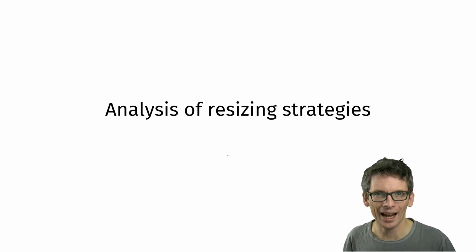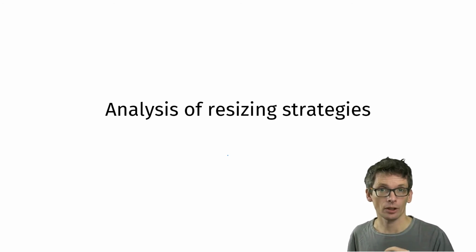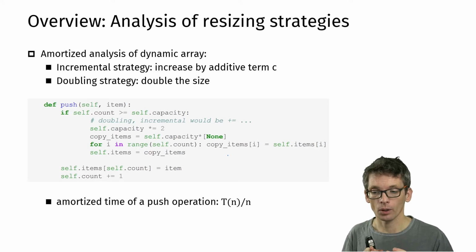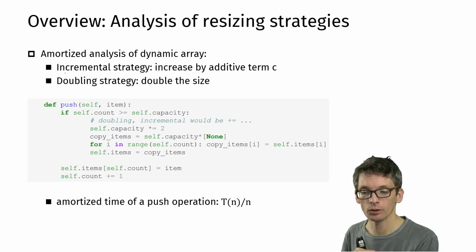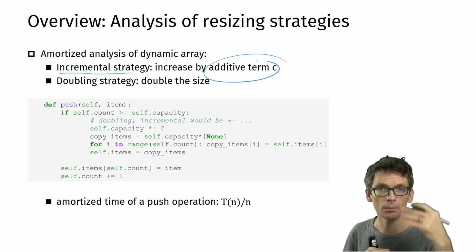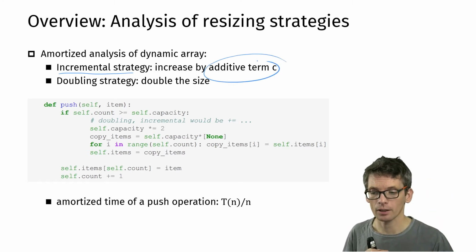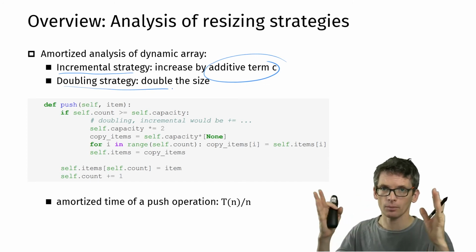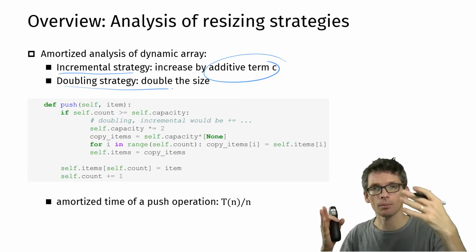So now we want to analyze the resizing strategies. So how well do they perform in terms of an amortized analysis? We're going to have two cases: the incremental strategy, where we always increase by a constant c, or the doubling strategy, where we start with some constant size and always double from there.